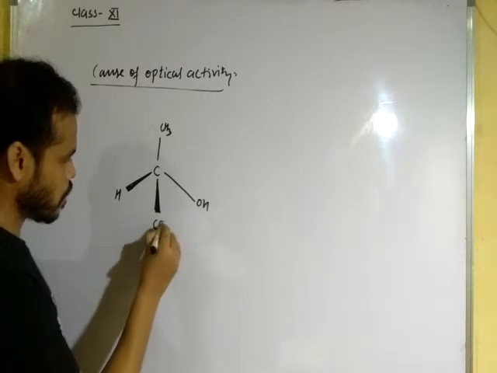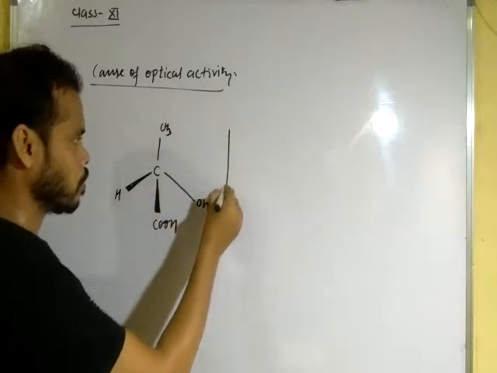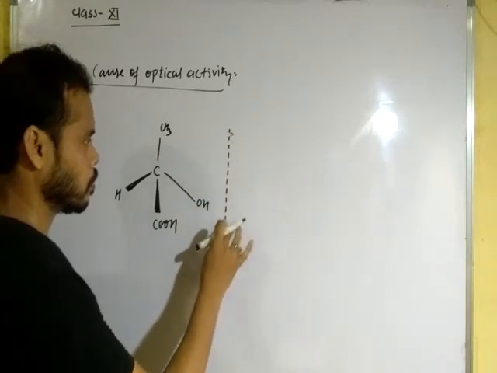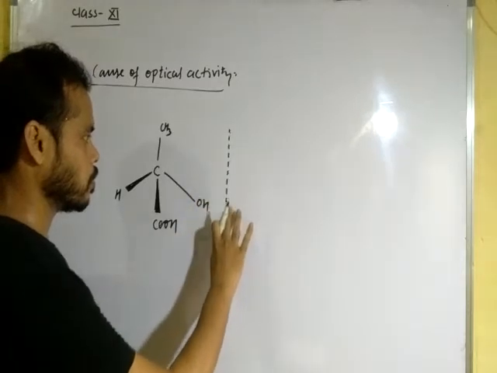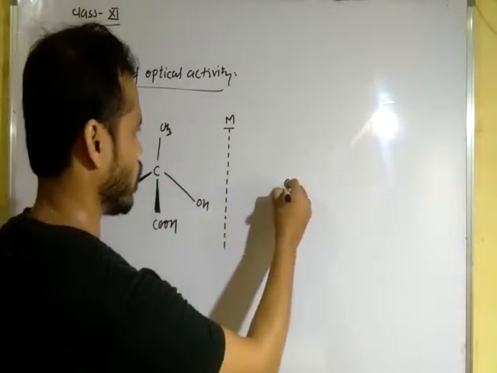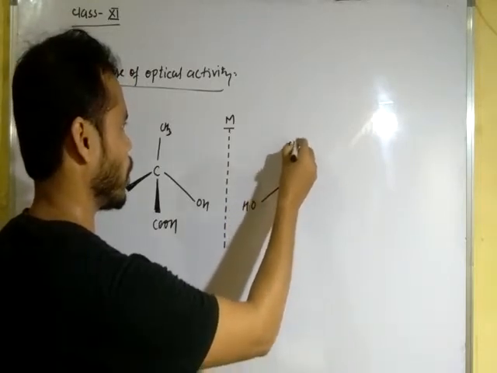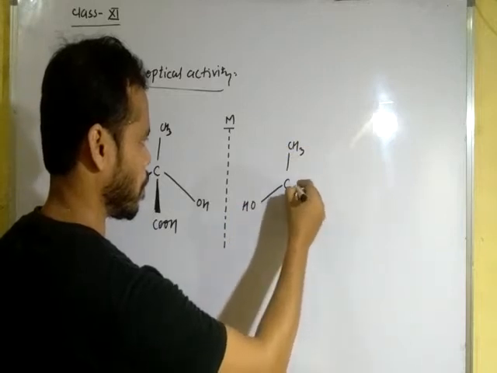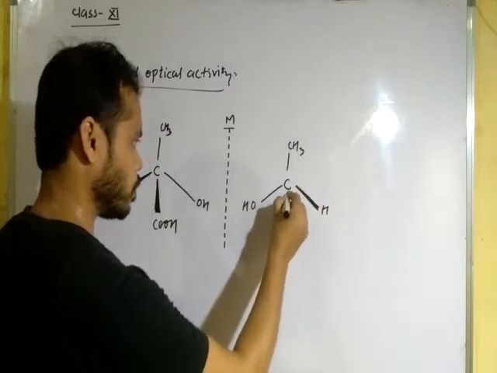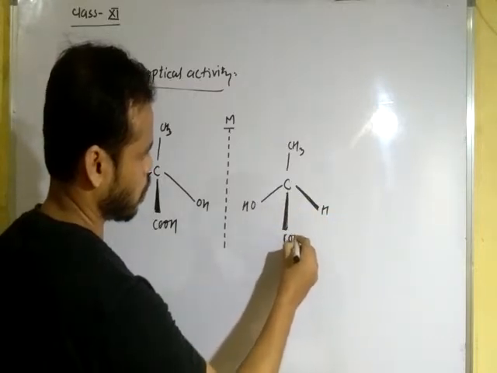Okay, dear student, COOH. This is the mirror, and the mirror image form has carbon, hydrogen, and hydrogen, COOH.